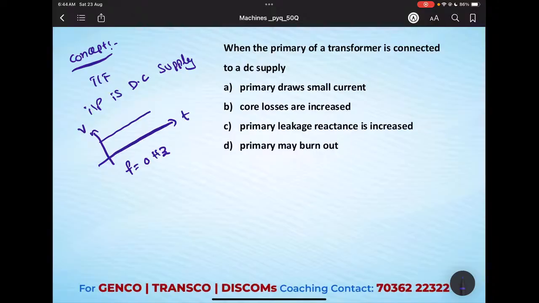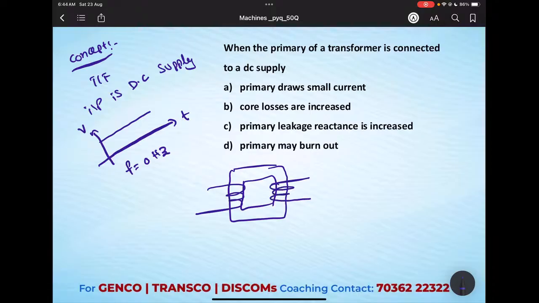If you give the DC supply to a transformer, we know that the winding is going to provide some reactance and resistance parameters. Since the frequency is 0, if you give the DC voltage here, the reactance is going to be 0.